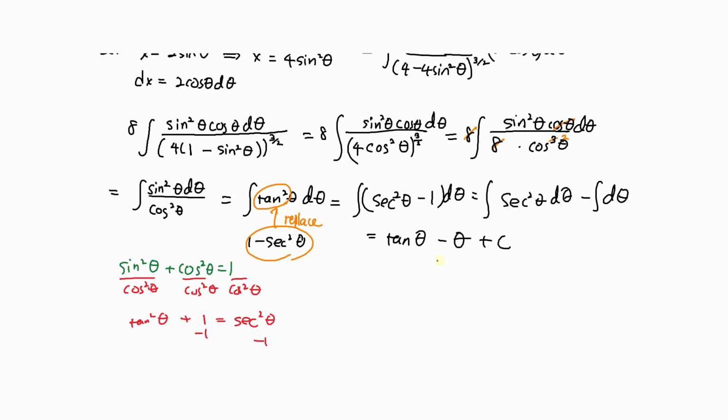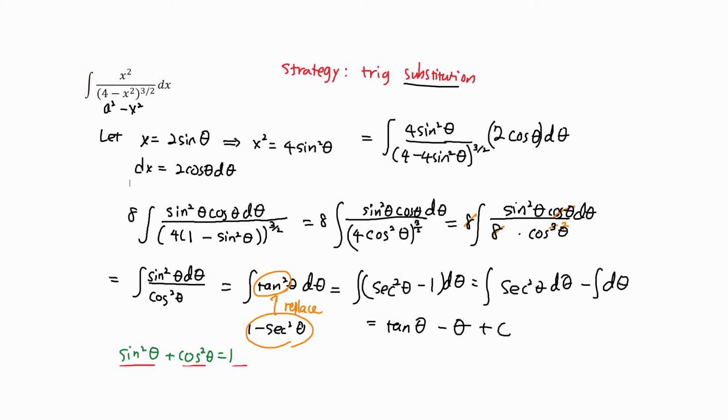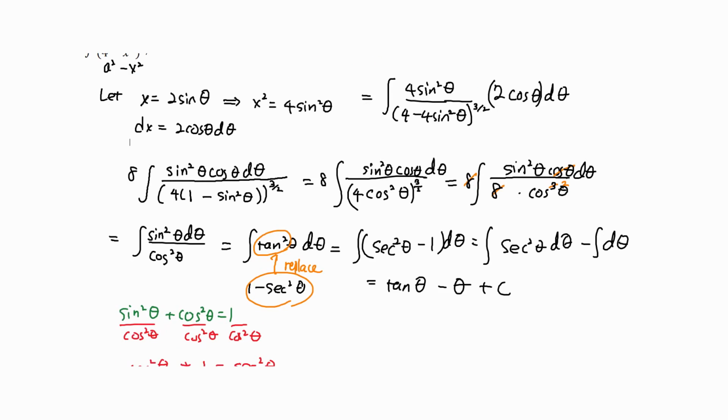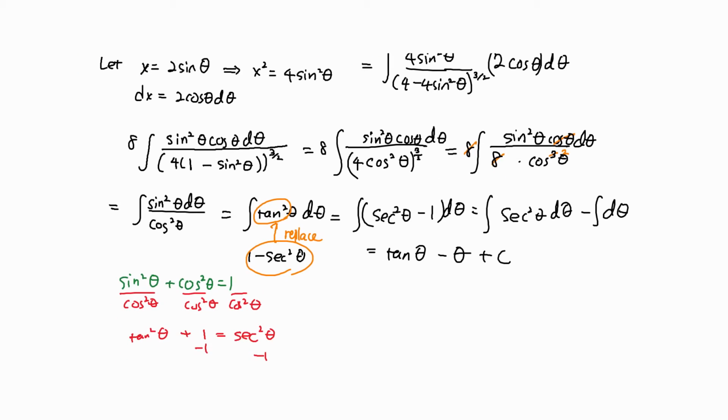But I cannot leave the answer in terms of theta because the given problem, if you take a look above, was in terms of dx and x. So how can I convert back to x?